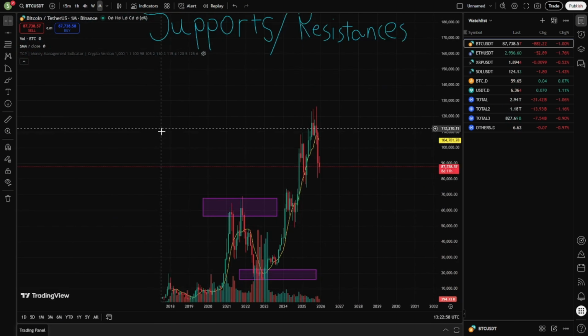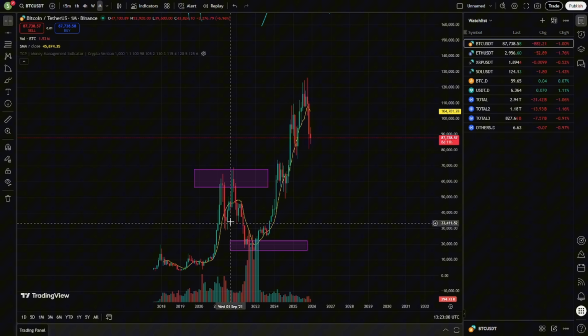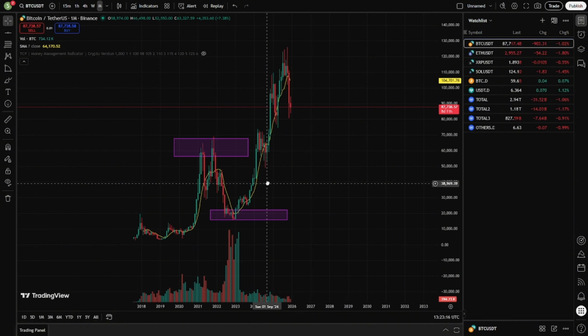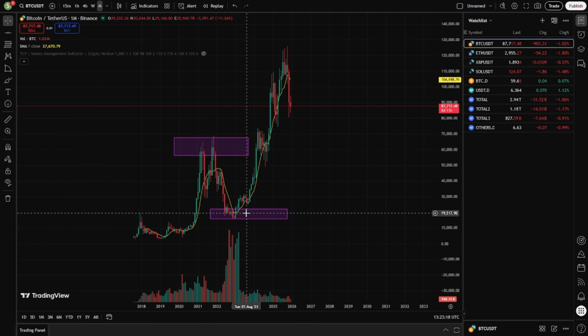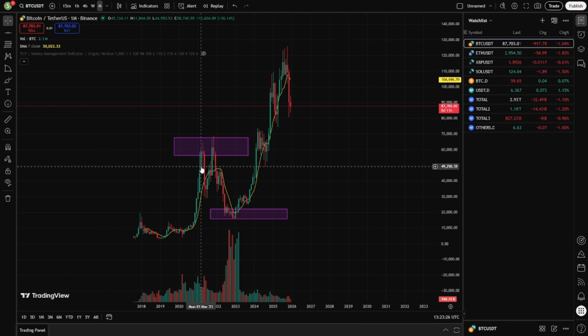For example, we can see here that the price was rising and came to this area, which was a resistance area, and it got rejected, meaning that it touched it and then it dumped and fell. But in another case, we can see that price came here to the support area, which was made here, and it got supported and rose to the upside.